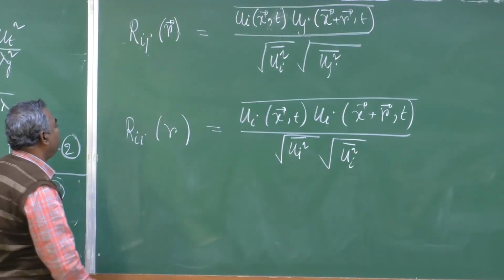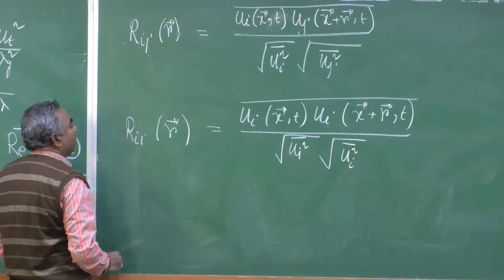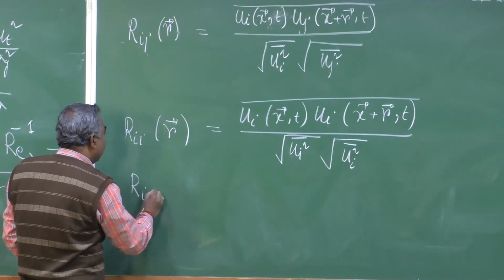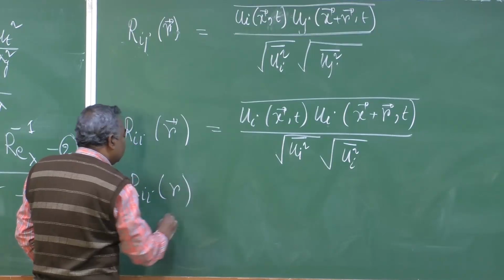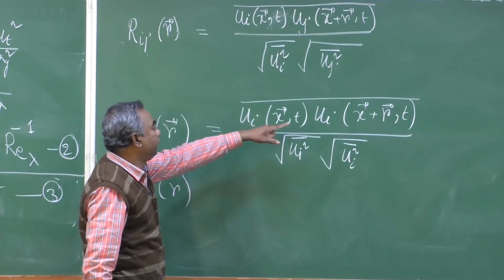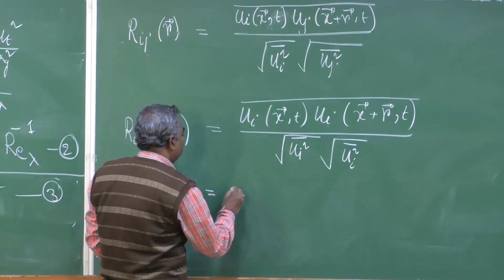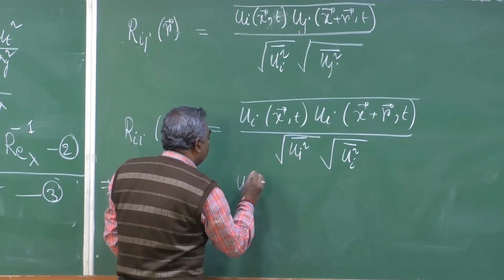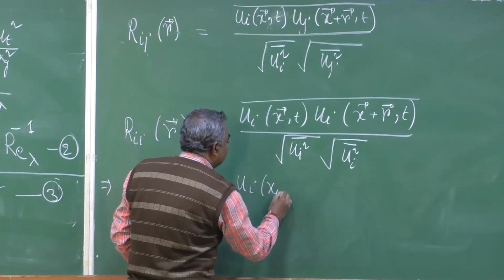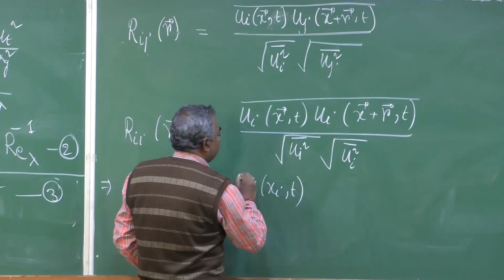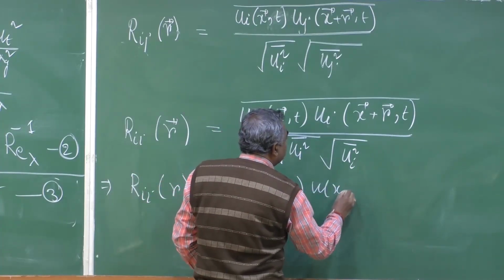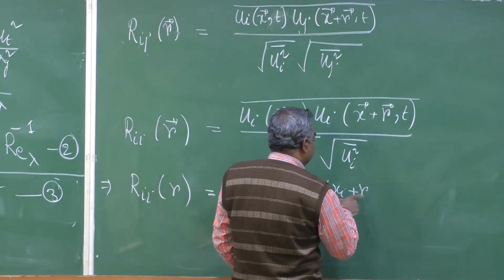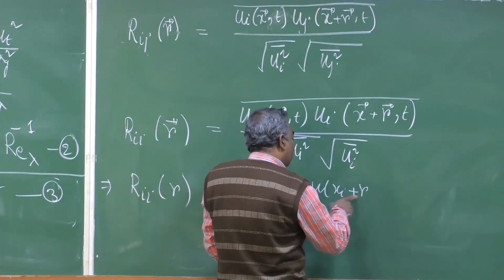I can simplify even more. Instead of this R, I would like to take it in the direction of the vector x. I can denote this vector x once again as xi, so that r is in the direction of vector xi.